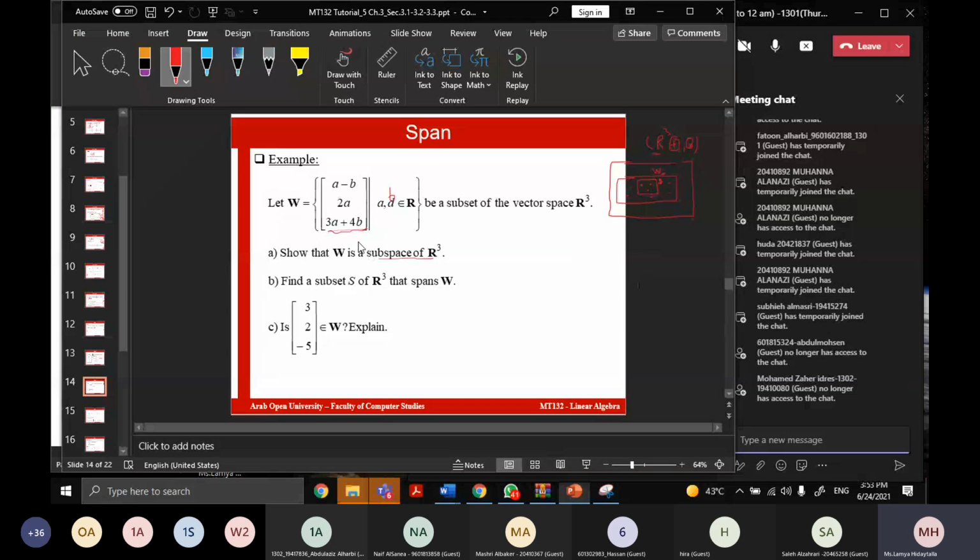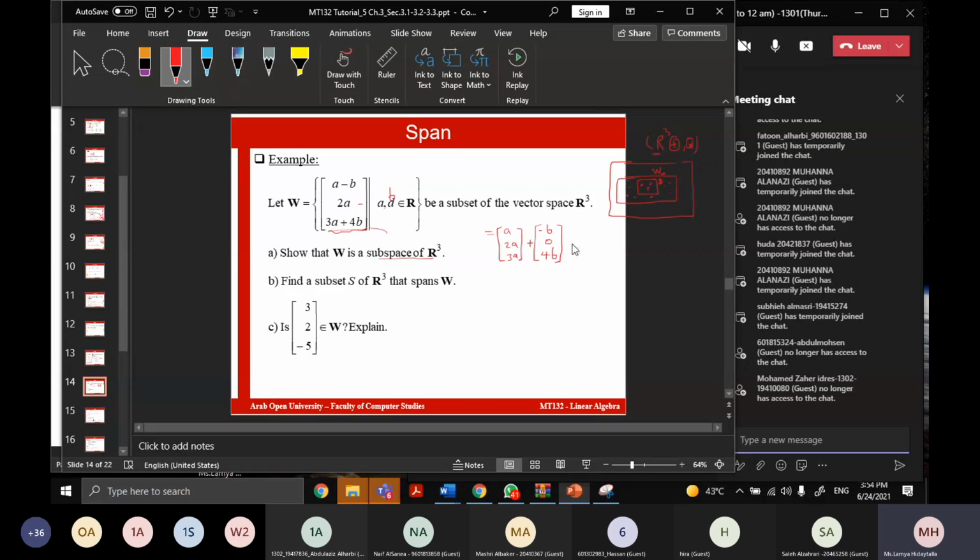Now let's see if I can find some elements that, when I take a linear combination of them, generate the whole W. This vector I can write as (a, 2a, 3a) plus, for the b's, (-b, 0, 4b), since there is no b in the middle.